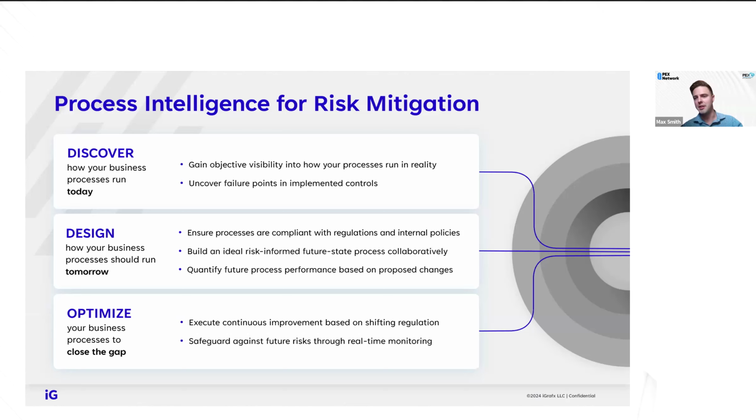Once you know what the challenges are in the processes, then you can design the future state process. And again, importantly, this is in regards to both the external regulations that we've been talking about, as well as the internal policies of the organization, which in some cases are equally as important.